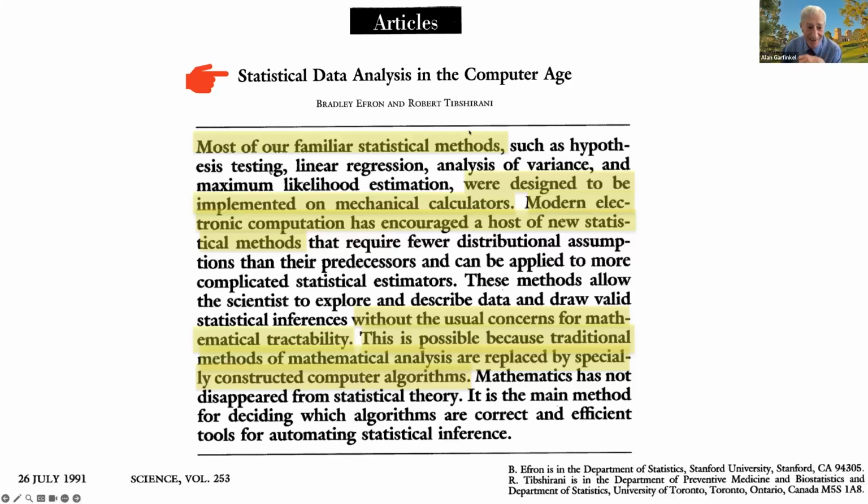And the answer is, most of our familiar statistical methods were designed to be implemented on mechanical calculators. Modern electronic computation has encouraged a host of new statistical methods that require fewer distributional assumptions, no more normal distribution assumption, and can be applied to more complicated statistical estimators. We welcome the median and not just the mean.